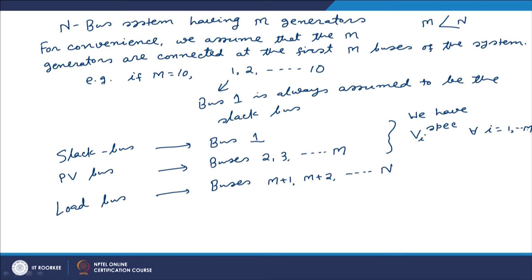And because these are generator buses, and each generator can only supply or absorb a certain amount of reactive power, each generator also has its reactive power generation or absorption limit. Before we write this, let us first try to understand what is meant by this.